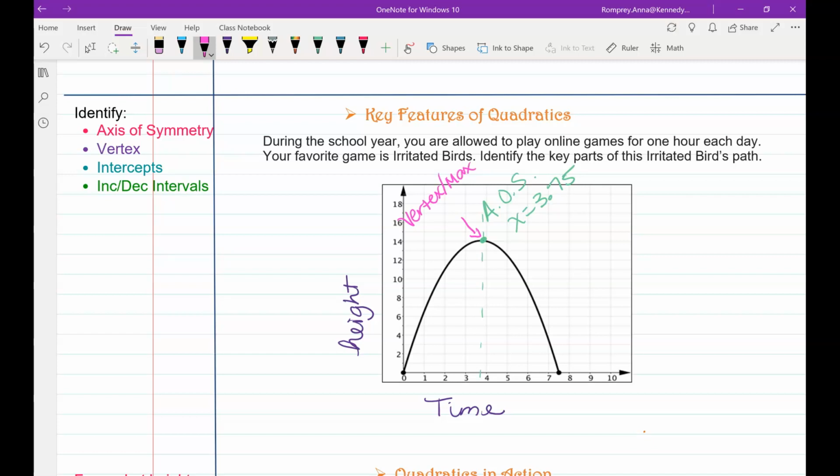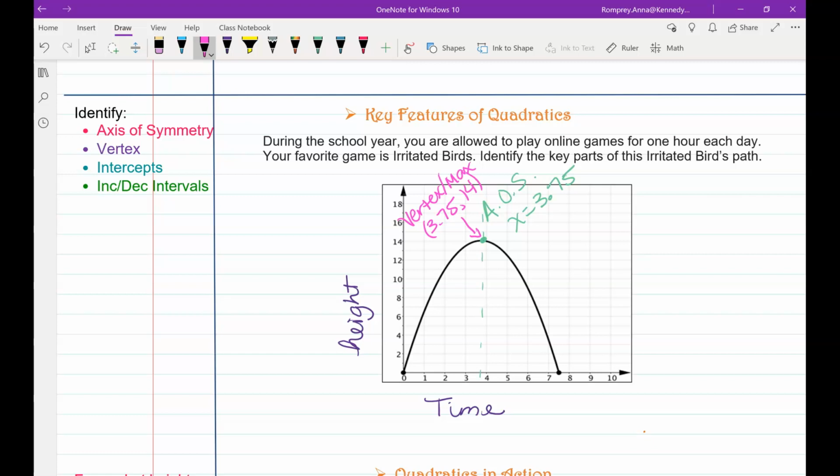So it looks like it's at 3.75, 14. So what does that mean in the context of the problem? Well, it takes 3.75, let's go with seconds, for the irritated bird to reach 14 feet, meters, I don't know. It wasn't very specific in our scenario.